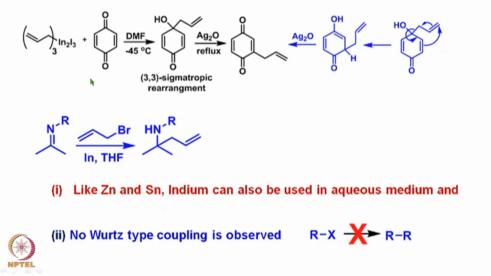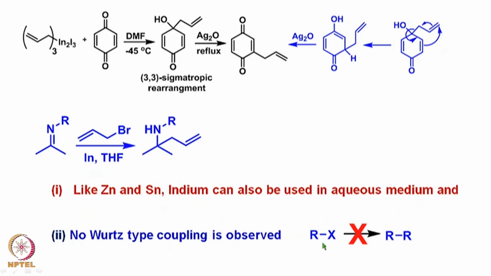In a similar fashion, for example, we can also carry out the allylation of an imine, which leads to the formation of this homoallylamine. Now, like zinc and tin based reactions, indium based reactions can also be used in aqueous medium, and it is also found that there is no Wurtz type of coupling that occurs in these reactions.